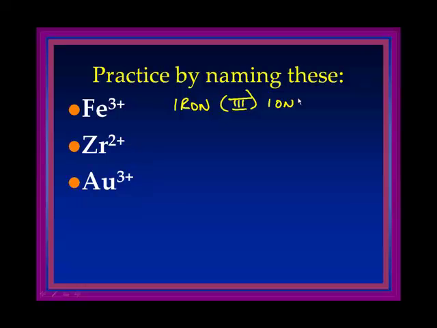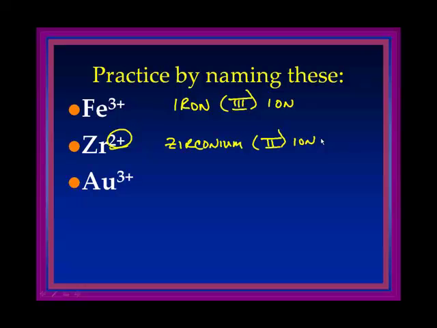Yes, it is. Okay, if we look at the next one, Zr2+. You got to find Zr there in the transition metals. We got zirconium. And then this charge right here tells us our Roman numeral 2, ion. Got to include the word ion for these.